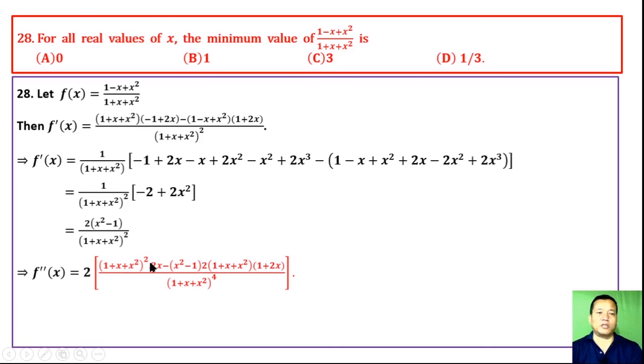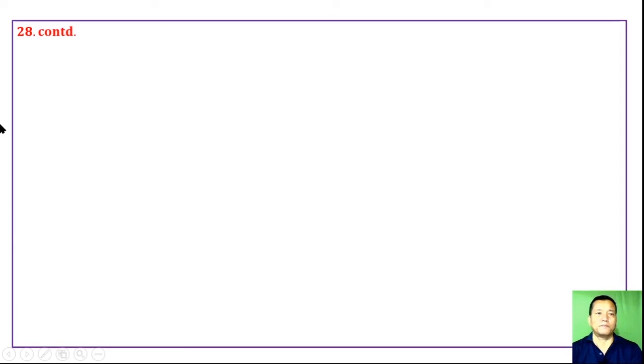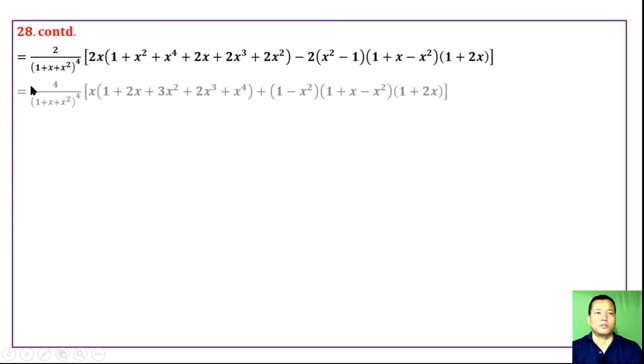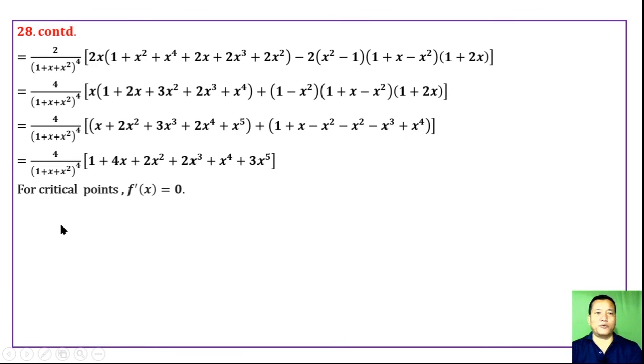And its second order derivative, applying the quotient rule, we get this. This further simplification gives, lastly we get this. For critical points, we put f dash x equal to 0. Then x square minus 1 equal to 0 gives x equal to plus minus 1. And the correct answer is D.